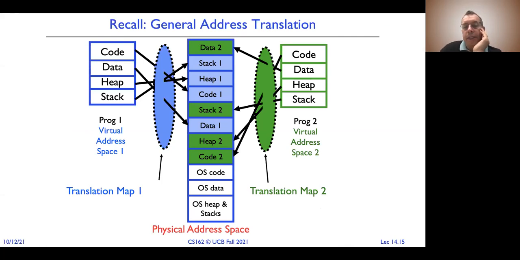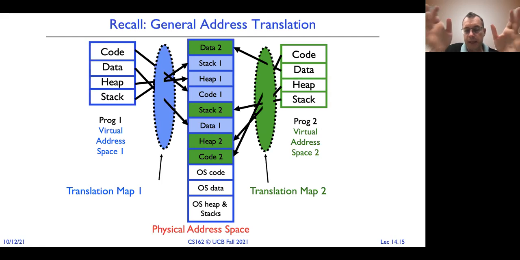Basically, this is another view of how address translation happens. It provides a little more intuition by showing two virtual address spaces mapped to the same physical address space. Okay. These programs 1 and 2, or process 1 and process 2, can have virtual address spaces that look absolutely identical.